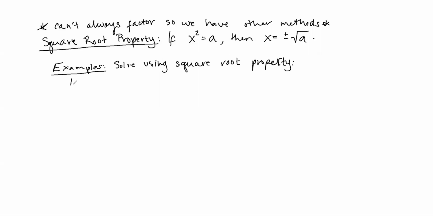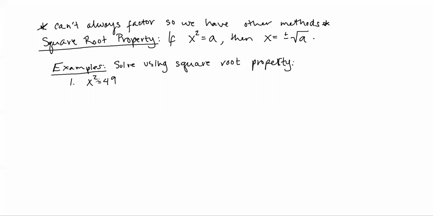All right, so number 1 here, we're given x squared equals 49. Now, we could get this equal to 0, factor, and solve it that way. If we use the square root property, the x squared is on the left, the number's on the right. Because we don't have any other terms except for the squared term and some number, you only want a number on the right, you don't want any variables, then we can use our square root property.